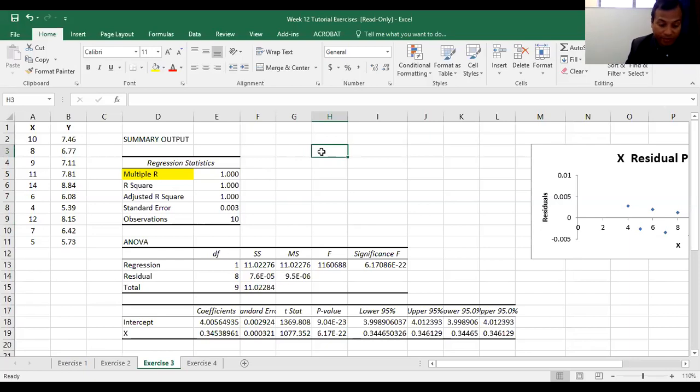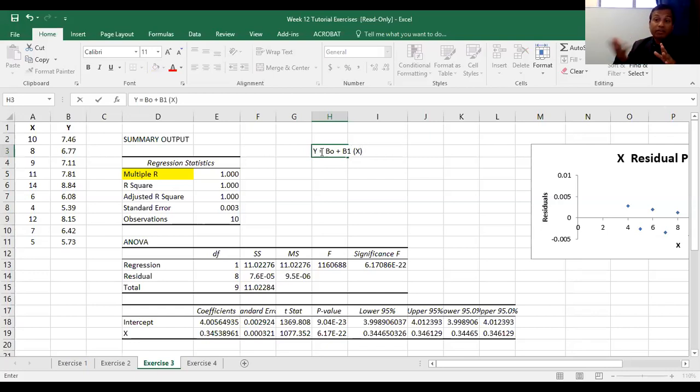You have to write it this way: dependent variable y equal to b naught plus b1 as a function of x. Remember, in this case it is x and y.